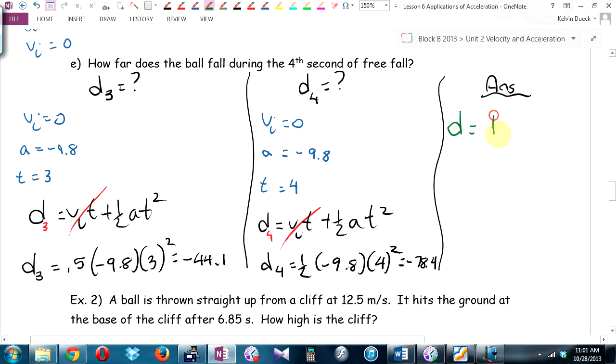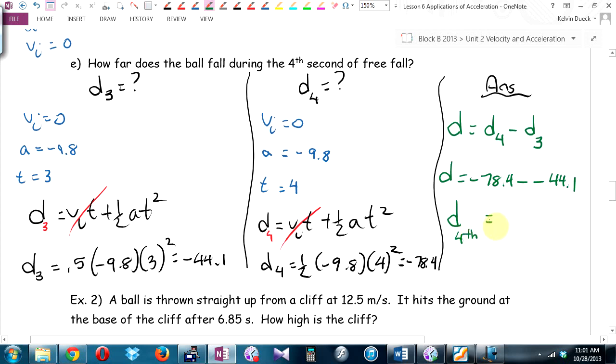The distance is how far you fell after 4 seconds, take away how far you fell after 3 seconds. That should be how far you fell in that 4th second. Negative 78.4, take away negative 44.1.